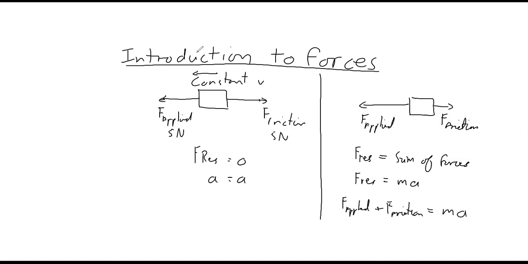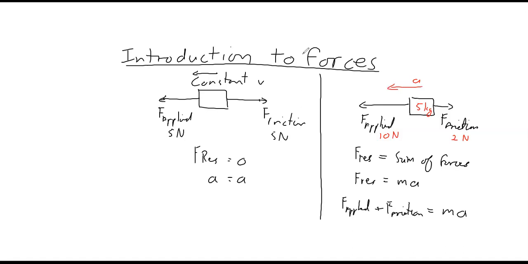Let's put in some values. The applied force is still 10 Newton, but my frictional force is 2 Newton, and I have a mass of 5 kilogram. Now I can calculate the acceleration of this object.